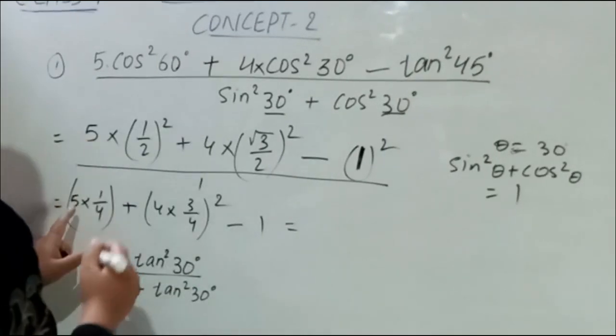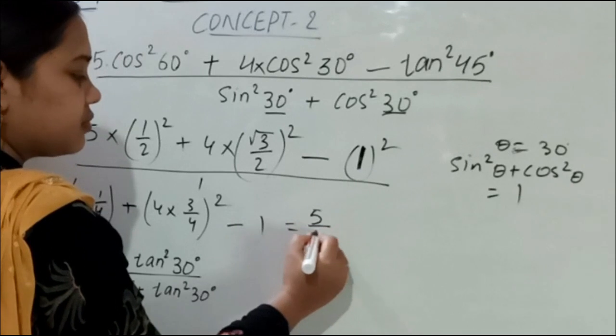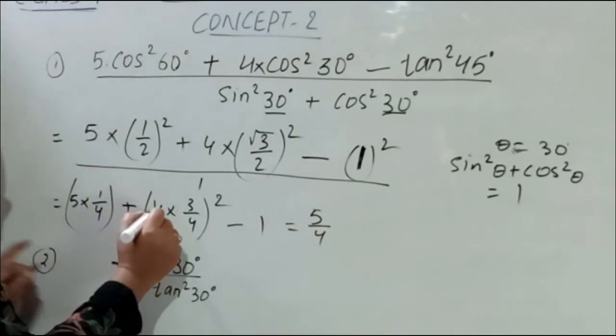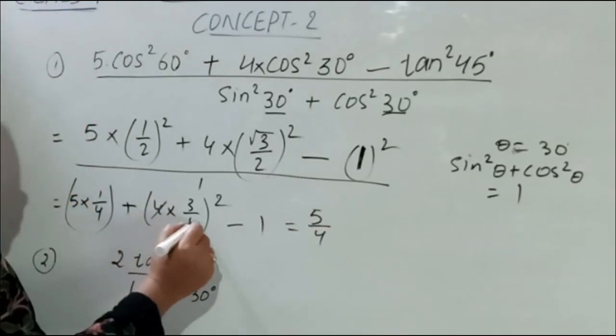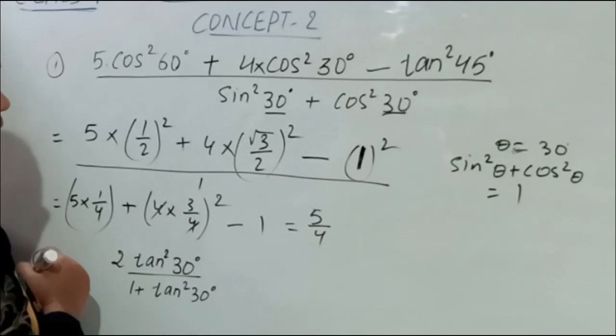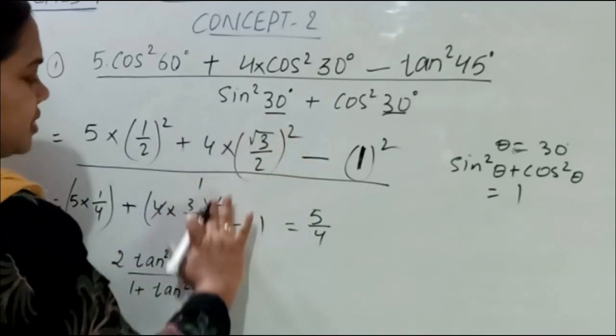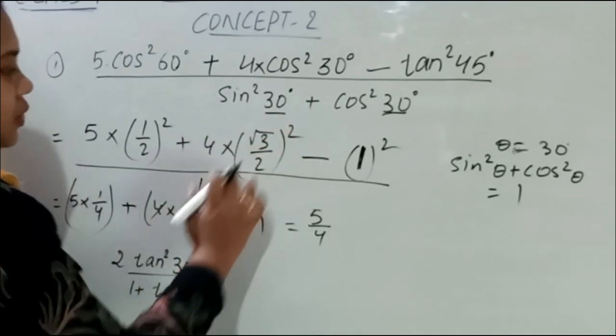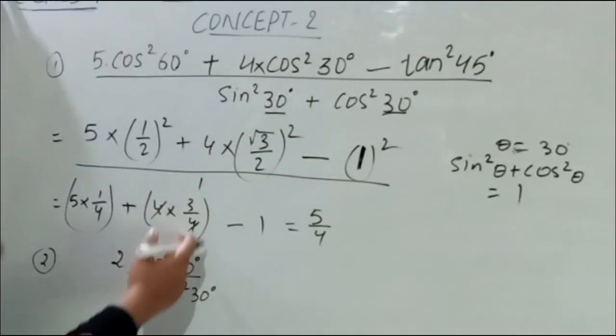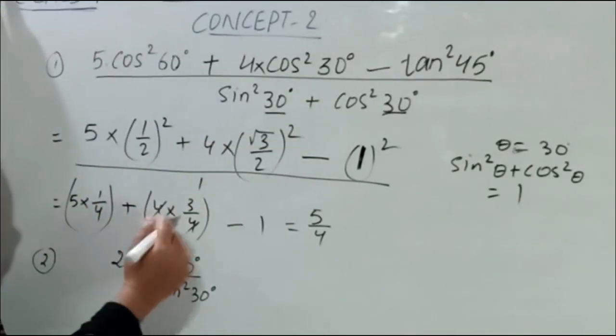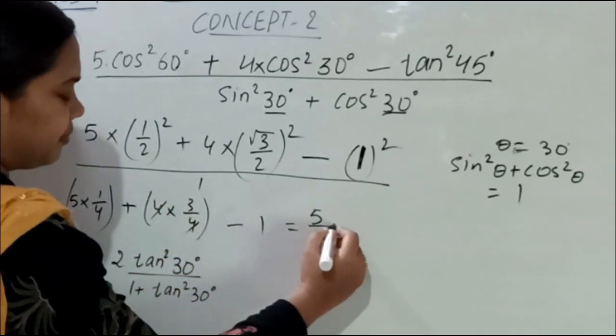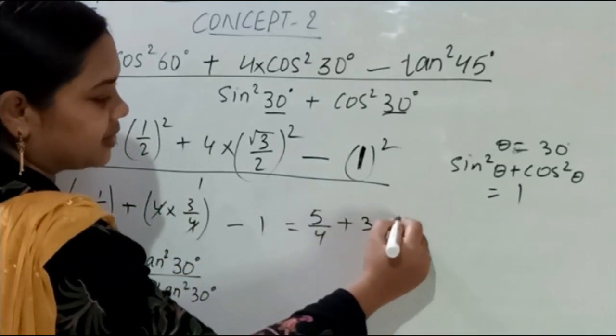Now see, 5 by 4. And here, 4 cancel. Okay, so here this was written by mistake. Root 3 by 2 whole square is 3 by 4, into 4, cancel. How much here? Plus 3 minus 1.